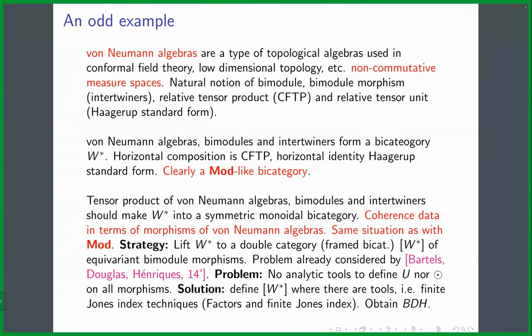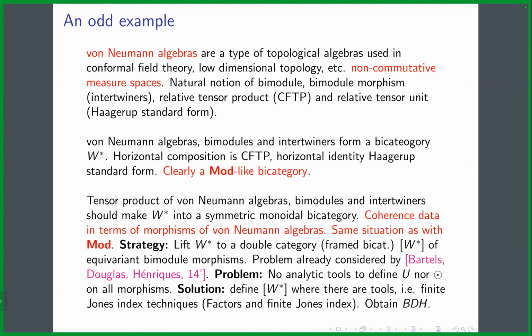So what they did was to define a double category of von Neumann algebras where the vertical arrows were not all the natural morphisms between von Neumann algebras, but just morphisms where they could define their extensions. They restricted themselves to simple von Neumann algebras, which we call factors, and finite morphisms between them, which we call morphisms of finite Jones index.